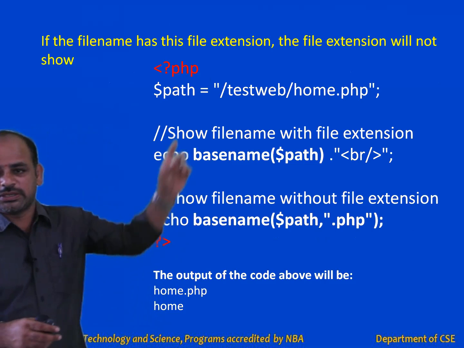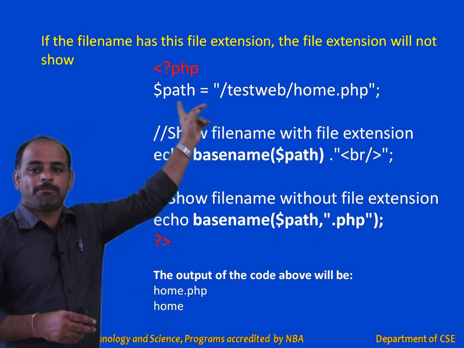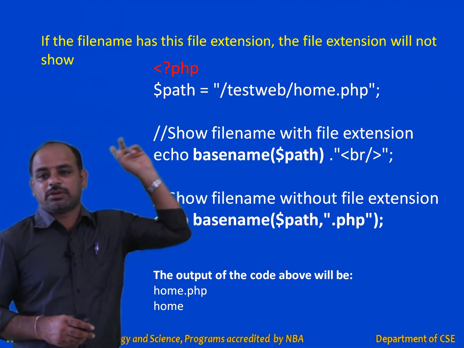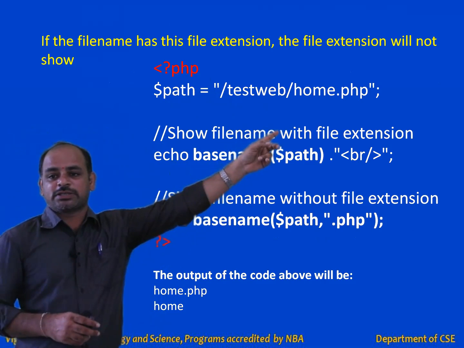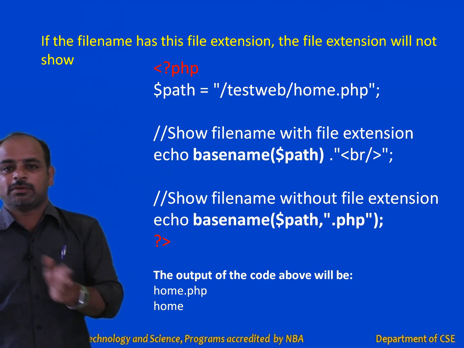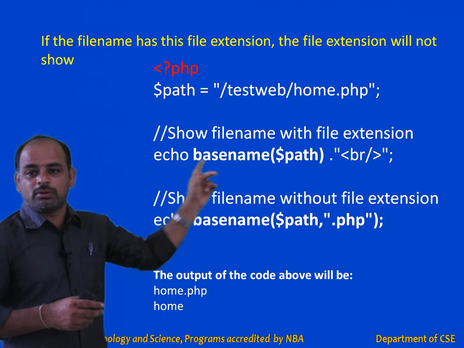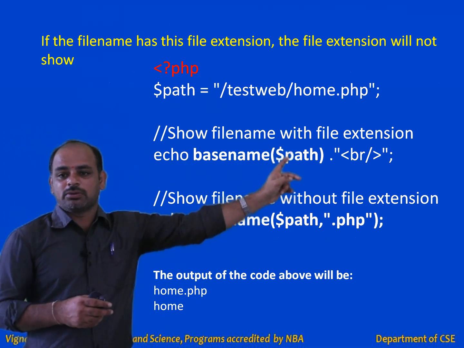In this PHP example, I have given the path as test web and home.php. To show the file name with the file extension, you echo basename of the path, simply giving the first parameter.